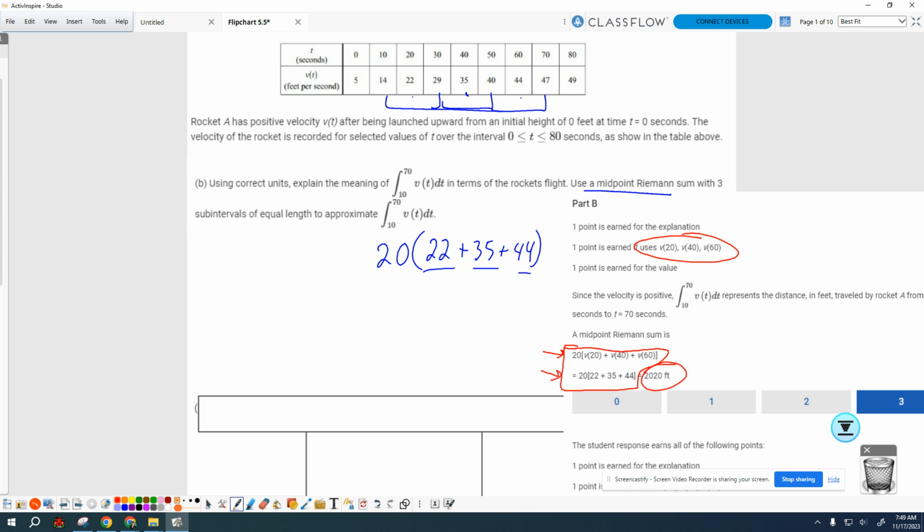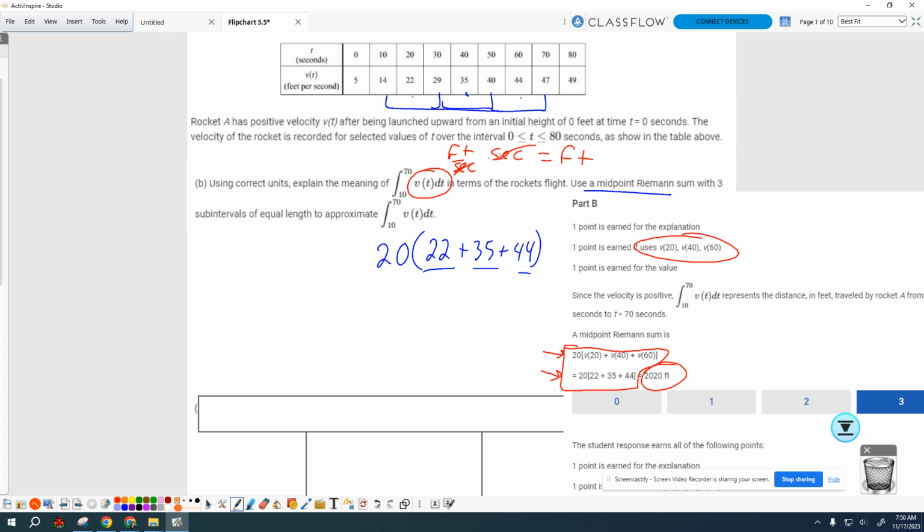Something we didn't talk about yesterday was using correct units to explain the meaning of this. So this is adding up all the accumulated change. Velocity here is feet per second. dt is seconds. So the units that I'm getting out of this are feet, right?